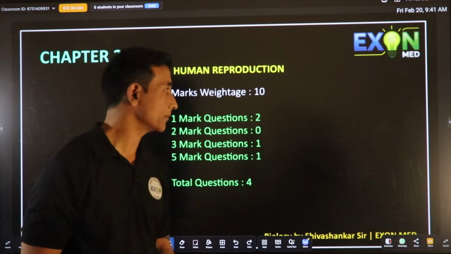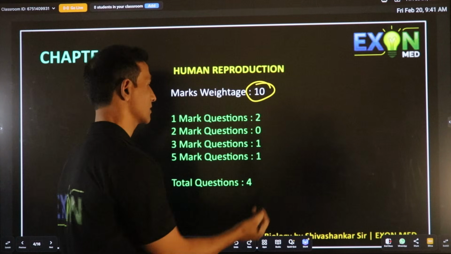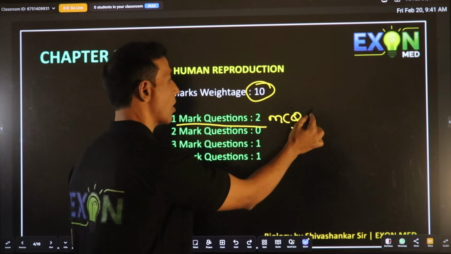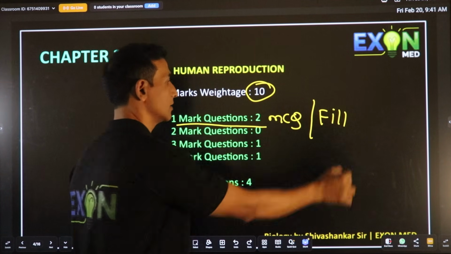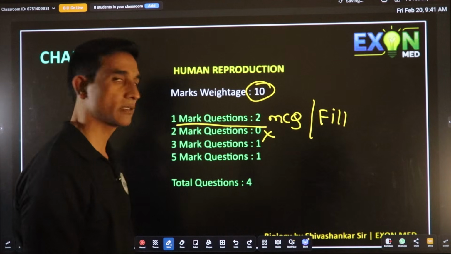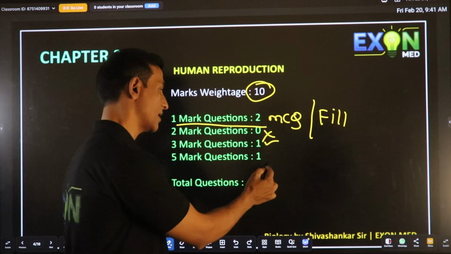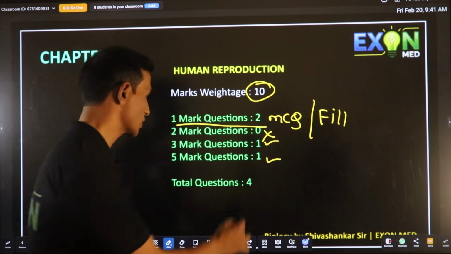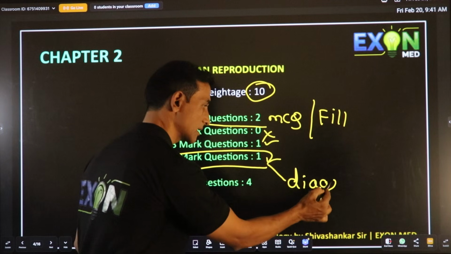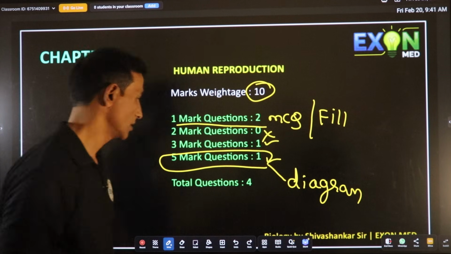Human reproduction carries 10 marks. Either MCQ or fill in the blanks, 2 questions will be there, no 2 mark question, 1 question of 3 marks and 1 question of 5 marks. Most of the time the 5 mark question will be asked in diagram-based form.